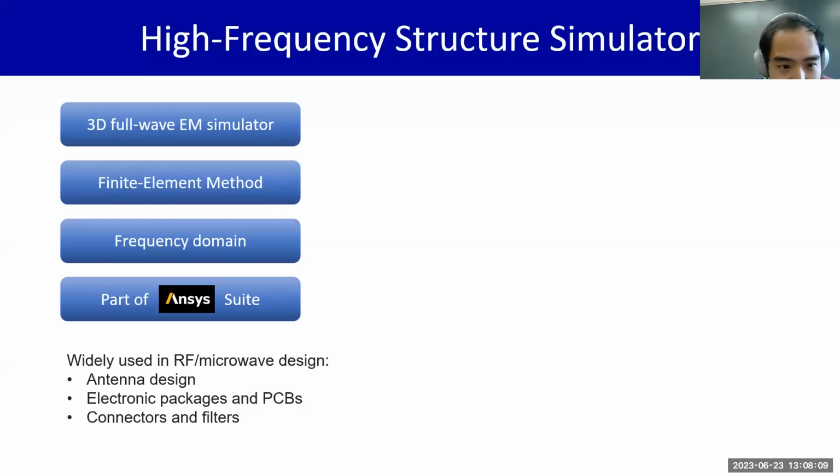HFSS itself is very widely used in classical microwave engineering, for antenna design, packaging and PCB design, or simulating connectors. If you think of our transmon, two pads with an inductor, it's actually kind of an antenna, right? So it makes sense that we use HFSS in a similar manner as antenna engineers do.